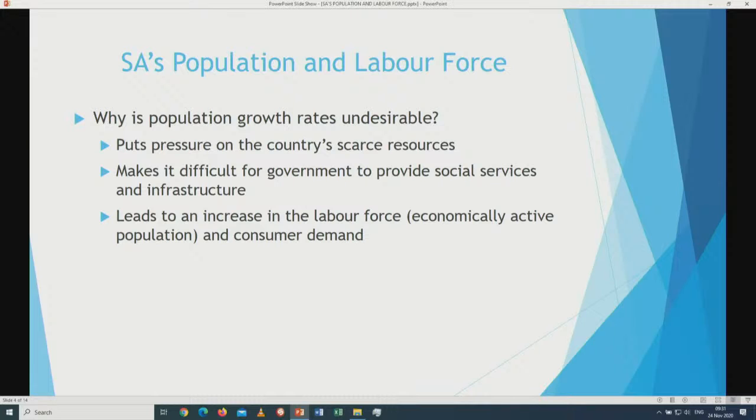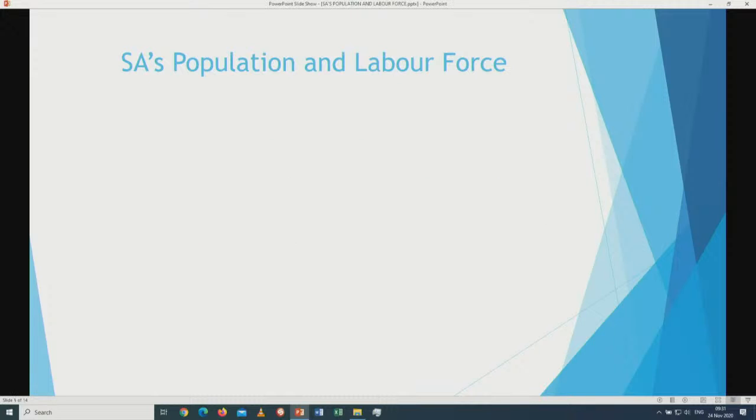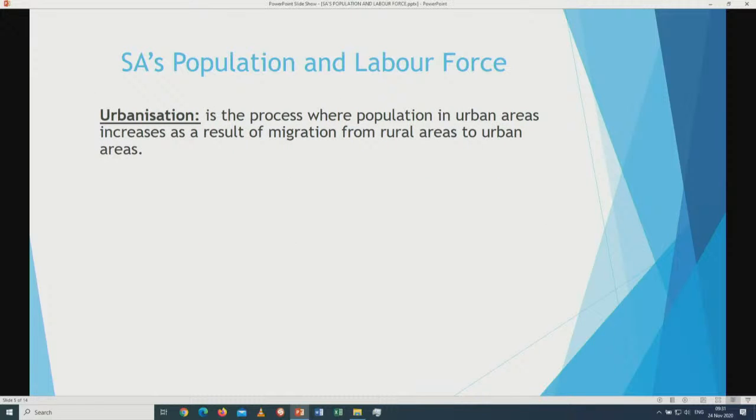Let's go on and look at the next process that I want to explain to you, and that process is known as urbanization. Urbanization, from the word urban, you know, we have rural and urban. Urban is places like cities and towns.